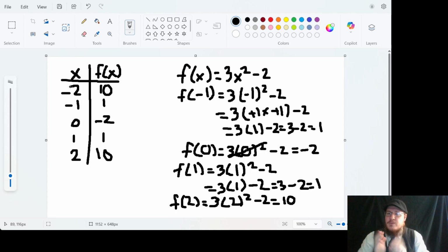Because we're just matching, like I said, whenever you square a negative number, it turns into a positive. 2 negatives become a positive. So boom, quick and easy for this.